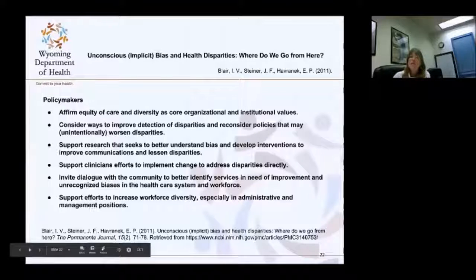Support clinicians' efforts to implement change to address disparities directly. Invite dialogue with the community to better identify services in need of improvement and unrecognized biases in the healthcare system and workforce. And support efforts to increase workforce diversity, especially in administrative and management positions.